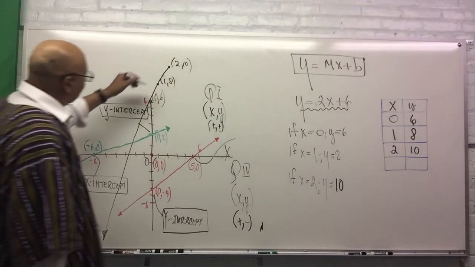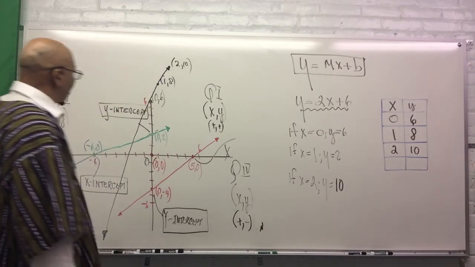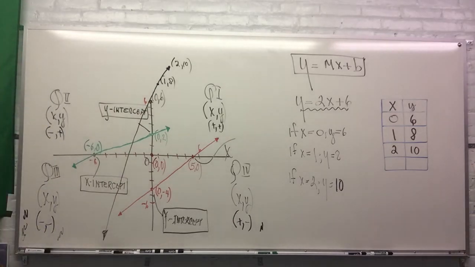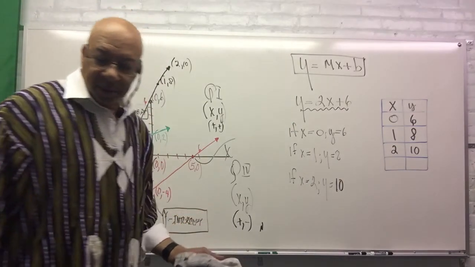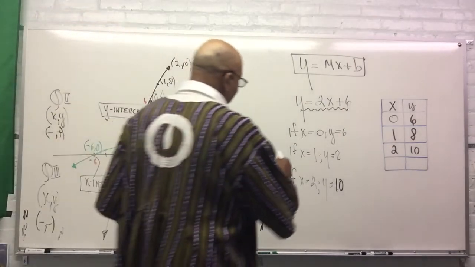So I'll put a little arrow here because this line has a lot more points on it. Now I'll check one other thing with you just to see if it makes sense to you. So in order to do that, I need a little more room. So you'll have this already.